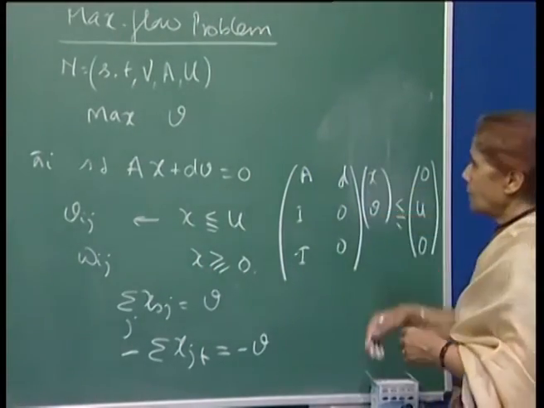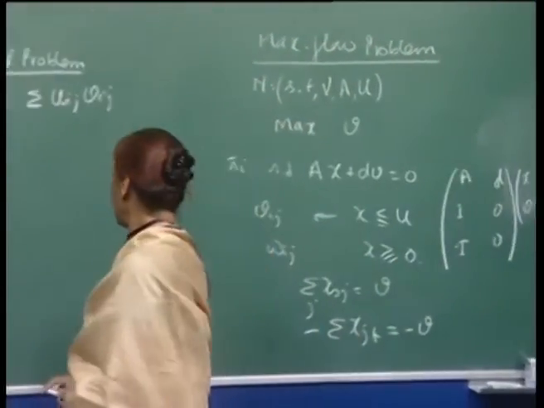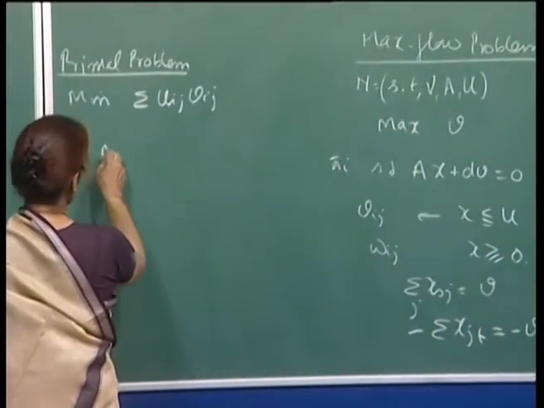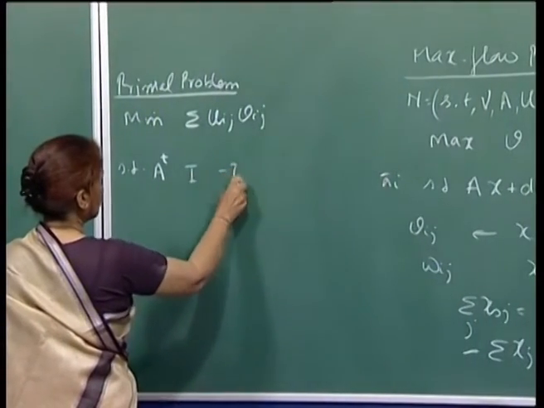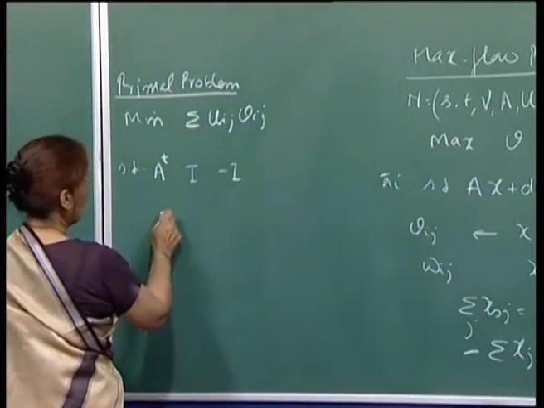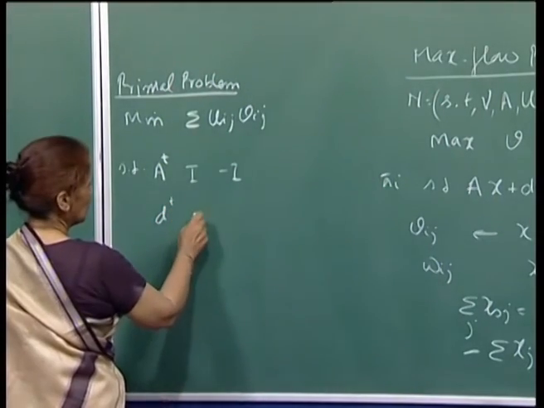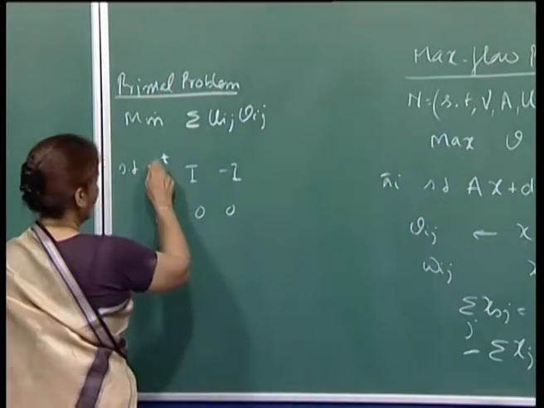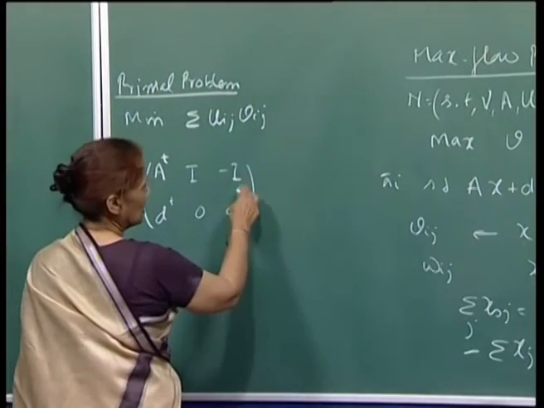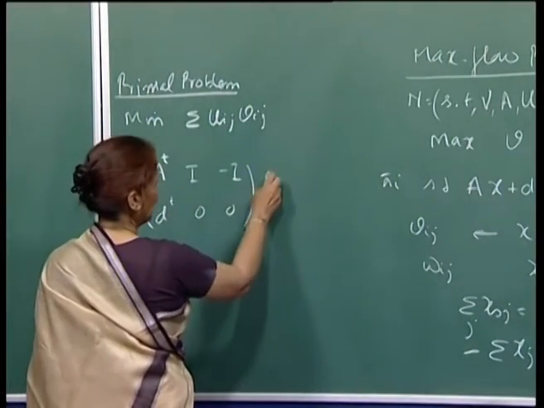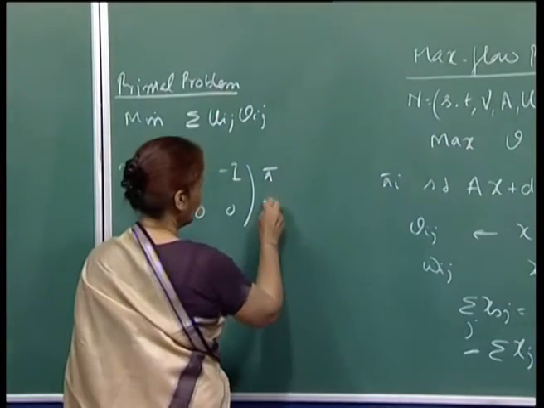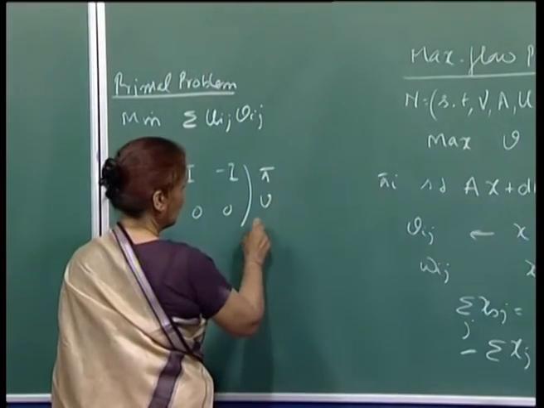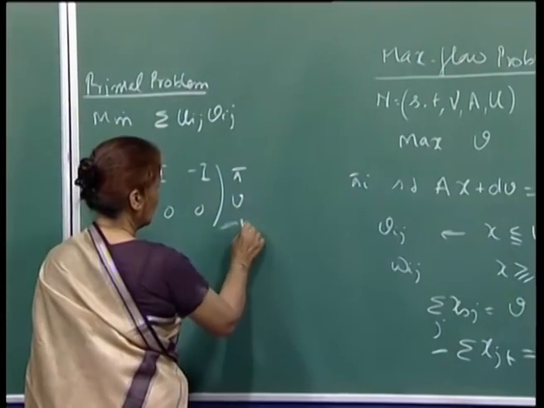So, in the dual what will you have? The transpose of this, which will become A transpose, I, minus I, and then you will have D transpose, 0, 0, right. And so this will be, remember with this you have the variables pi, and with this you have the variables v, and then you have, sorry, w.